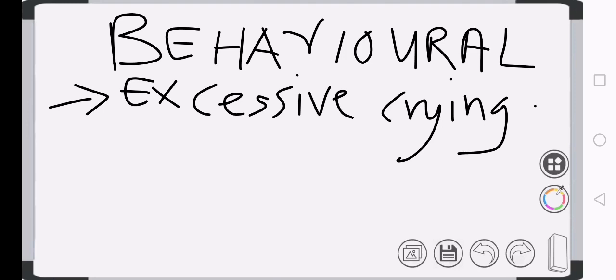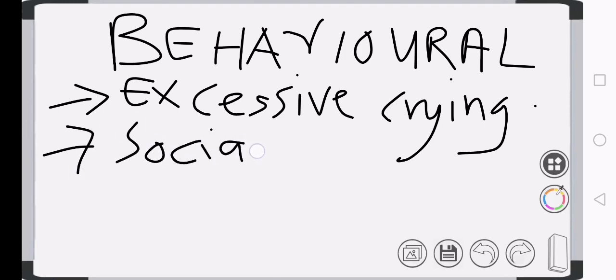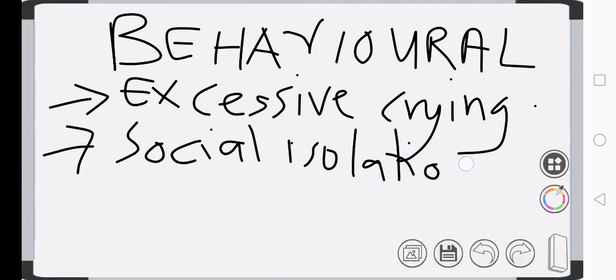That's how depressed people are. There's social isolation. They like being alone. They don't like being around people. They don't like being with people. They don't like socializing. They hate that because of insecurities caused by depression.